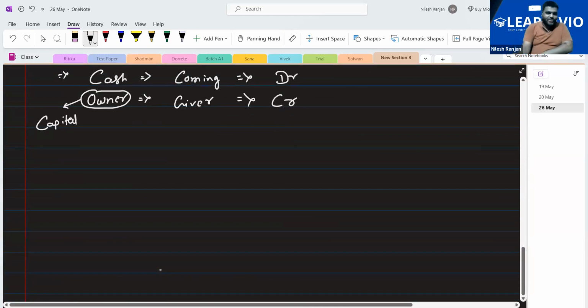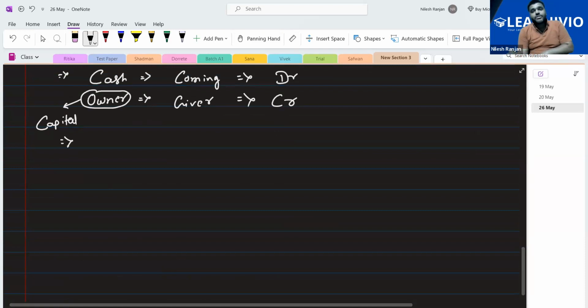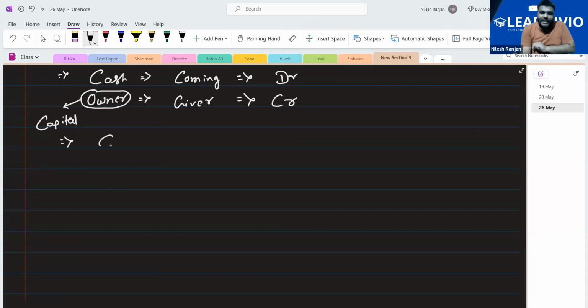Okay, so second transaction, think about it. In this transaction, purchased goods for cash. I told you either you take cash and goods. Cash is also a real account and goods is also a real account. Actually, I am writing these to explain. You don't have to write these things in every portion.